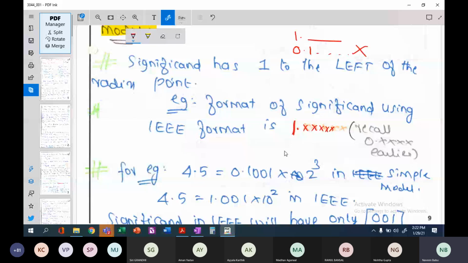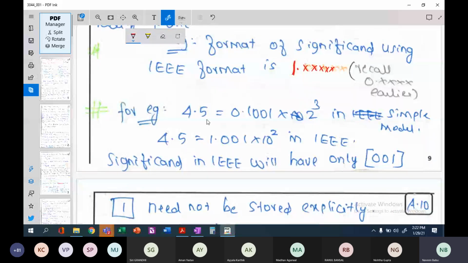As an example, let us see 4.5. If you represent 4.5 in the simple model, we used to represent it as 0.1 something, so it is 0.1001 into 2 power 3.